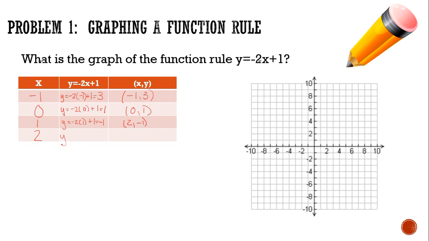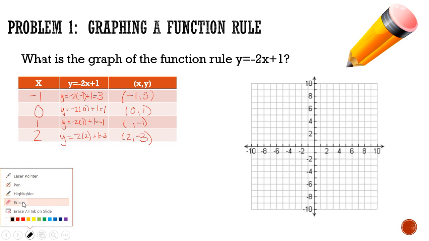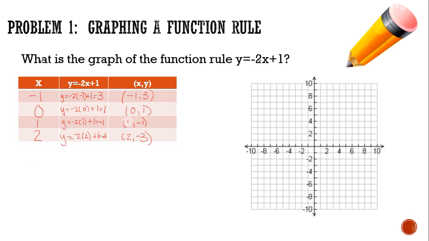And if I finally plug in a 2, negative 4 plus 1, negative 3. Ooh, looks like I wrote that one wrong. I should have a 1 there. There we go. So now I'm going to graph those points. Negative 1, 3.